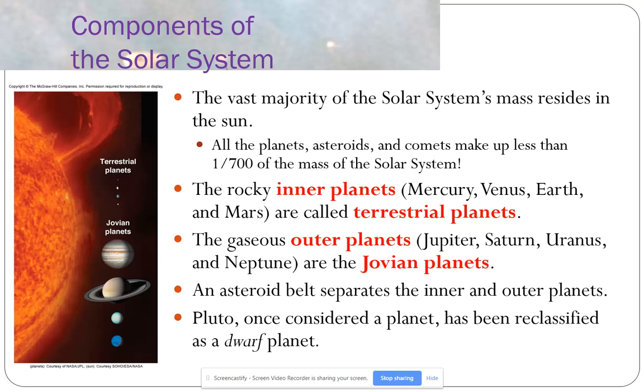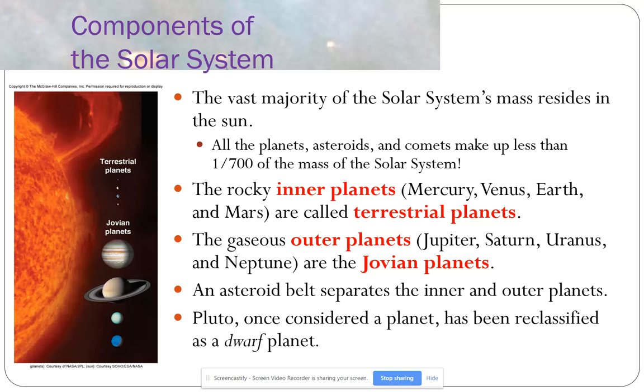Notice up there I have all of the planets and asteroids and comets make up less than 1/700th of the mass of the solar system. So what makes up more than 699 out of 700 of the solar system? The sun. Right, so the sun clearly is the dominant factor here.